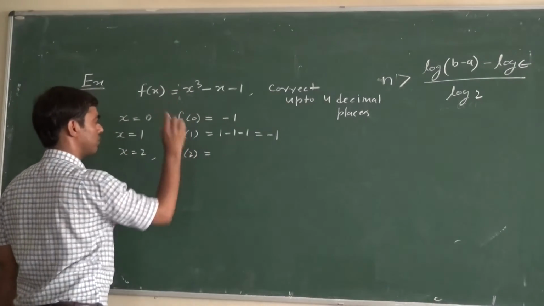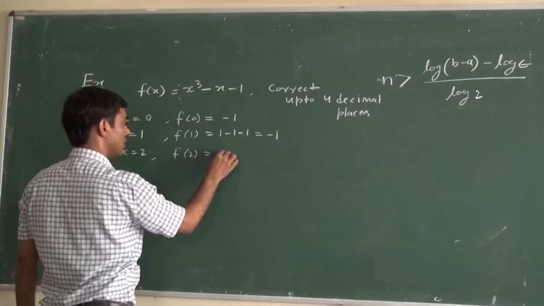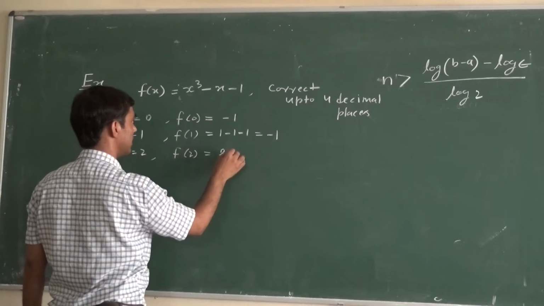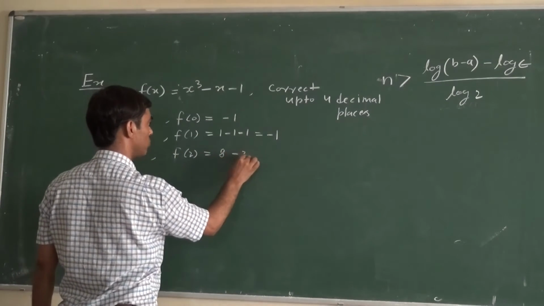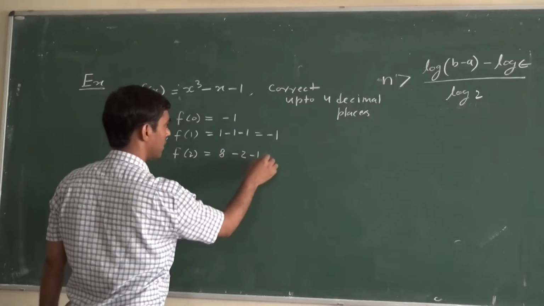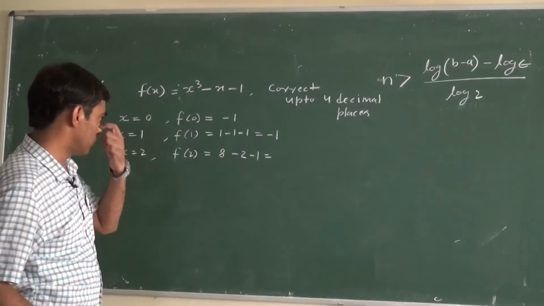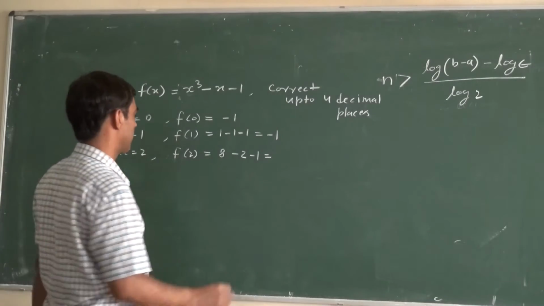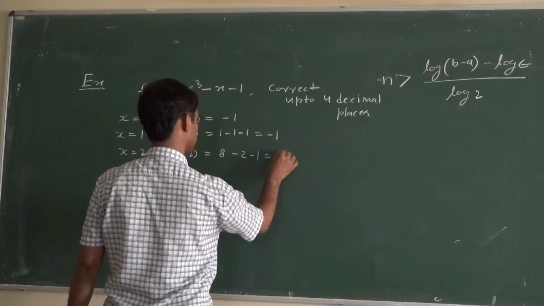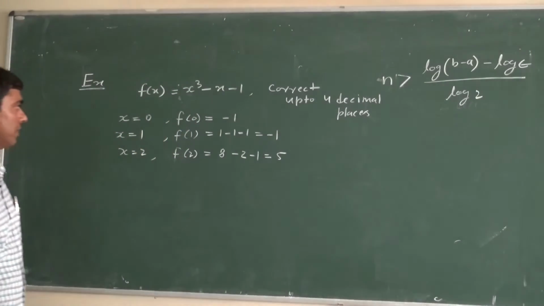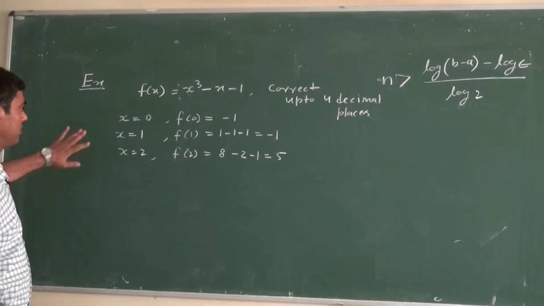If we put here 2, this one is 8 minus 2 minus 1, which is 5. So 5. Now we stop our search.